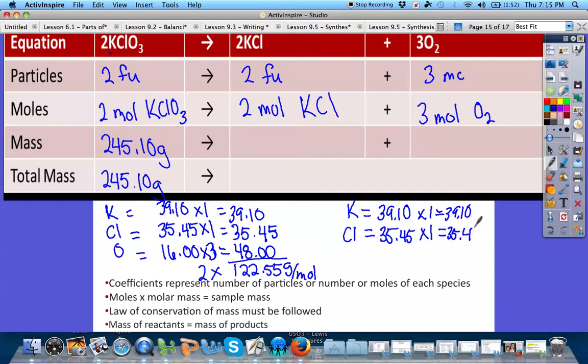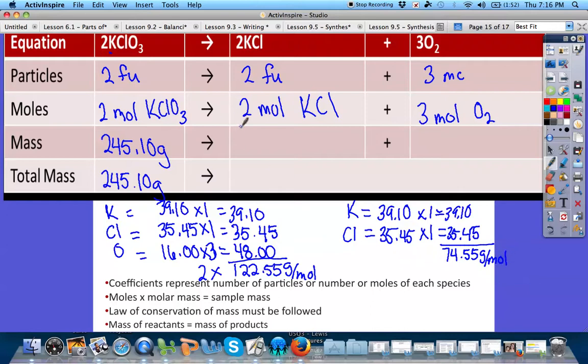Sorry, my pen's not working here. You should get 74.55 grams per mole.